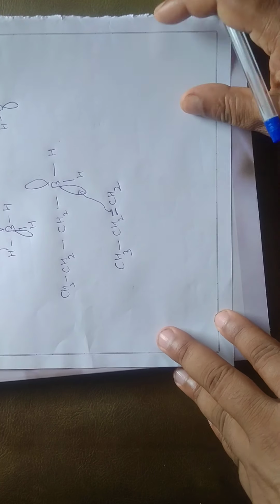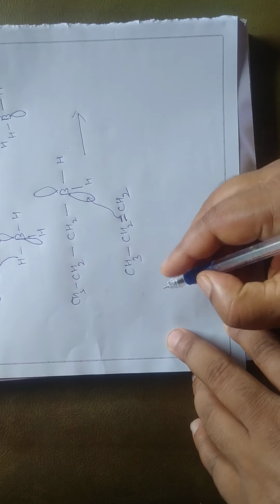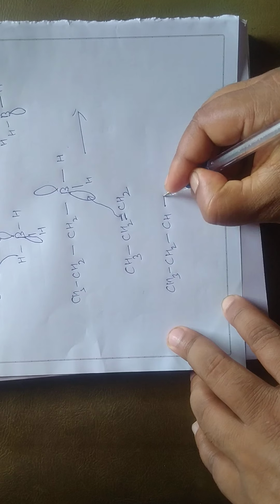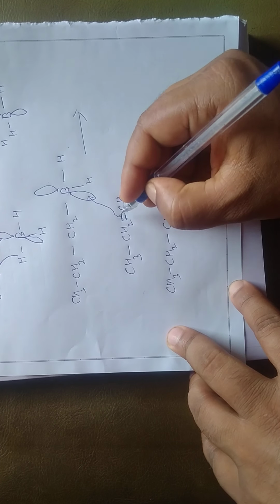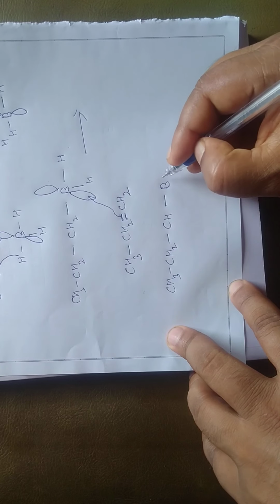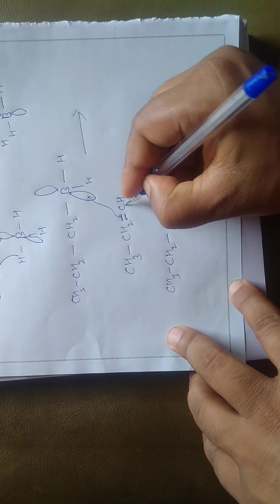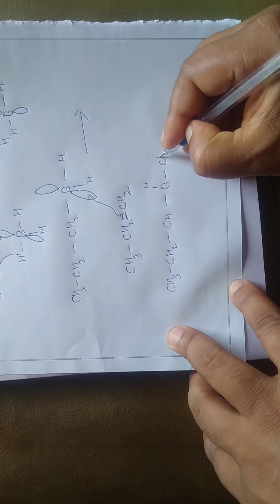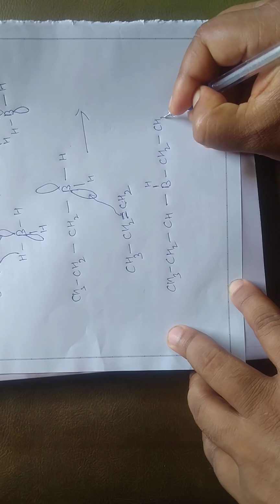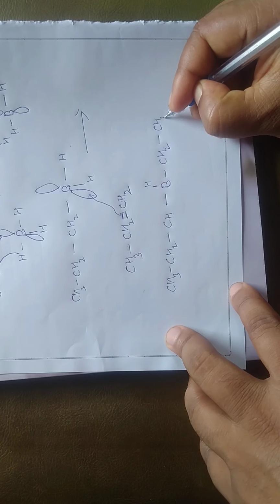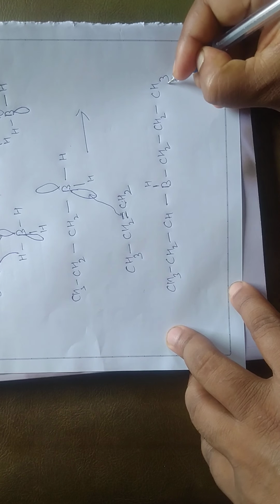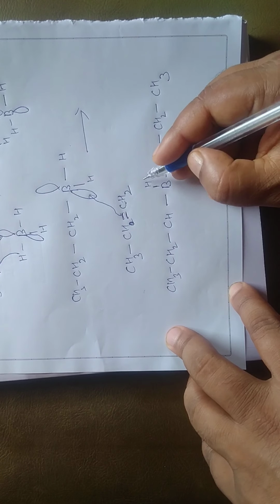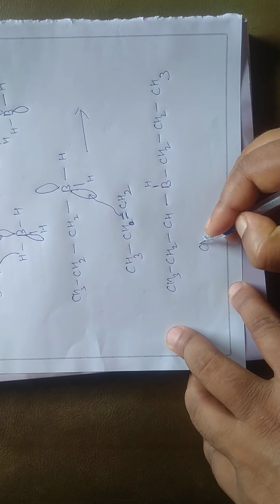During this reaction, CH3, CH2 and CH, one hydrogen of boron is shifting here, and boron has one hydrogen here, and this carbon is attached to boron. So again CH2, CH2 and CH3. This one is formed.